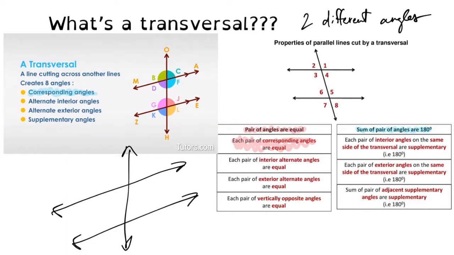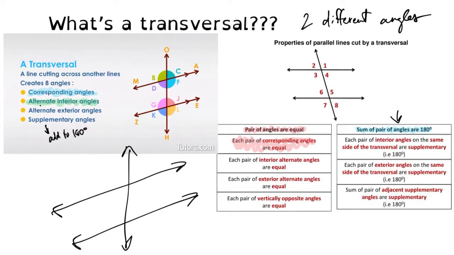Now we also have what are called supplementary angles. They add up to 180, so all this stuff here is going to be supplementary. Now, we have alternate interior angles. Here's the breakdown of the words.